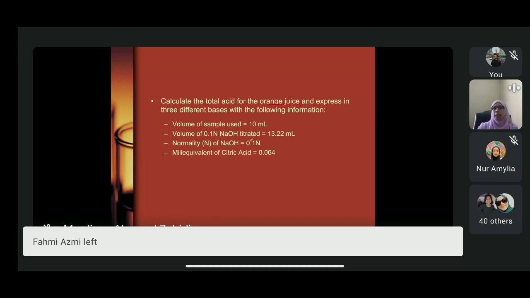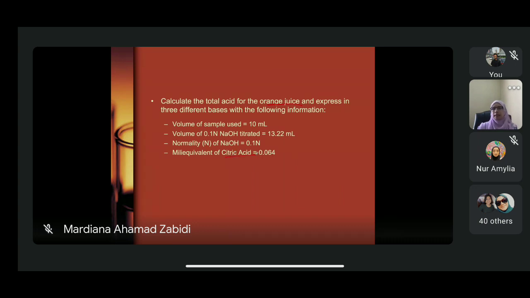Alright, so normally it will be citric acid. Even though in orange juice there may be for example malic acid or different types of other natural acid, we always go for the predominant acid. So for orange juice, we always expect orange is citrus. Citrus has citric acid.